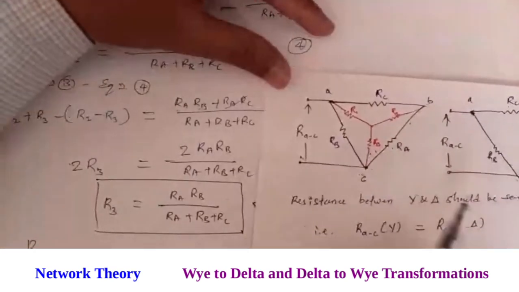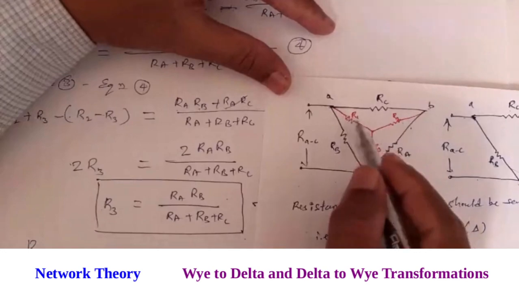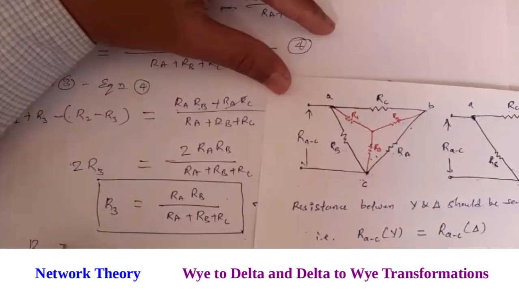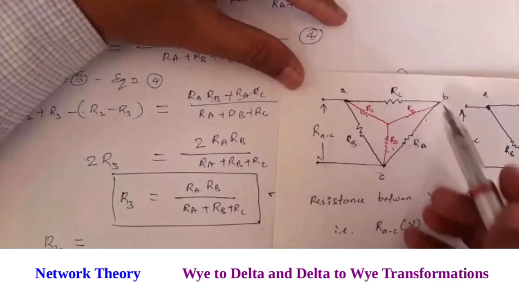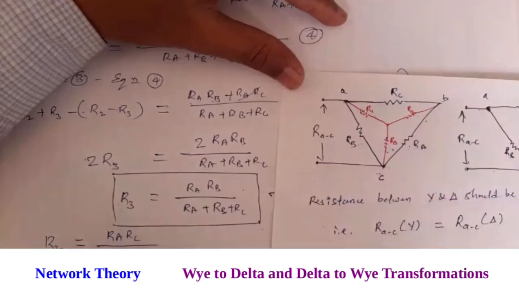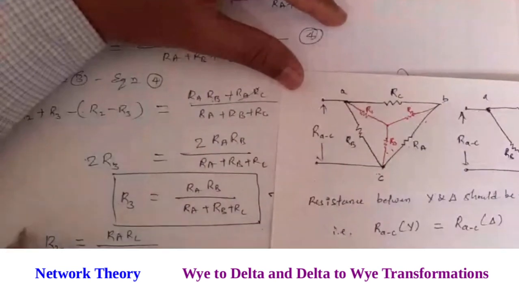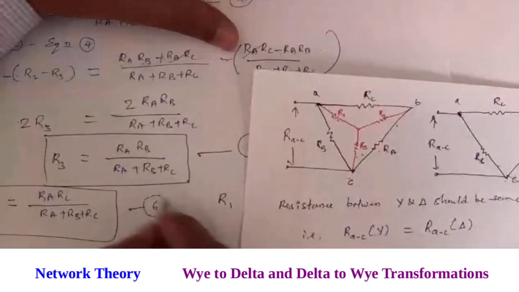Using this same procedure, I'll just write it; you can derive it later. If I want to find, for example, R2: R2 is the two closest resistors, RA and RC, RA times RC, divided by all three resistors, RA plus RB plus RC. Very simple. You may call this equation 6.